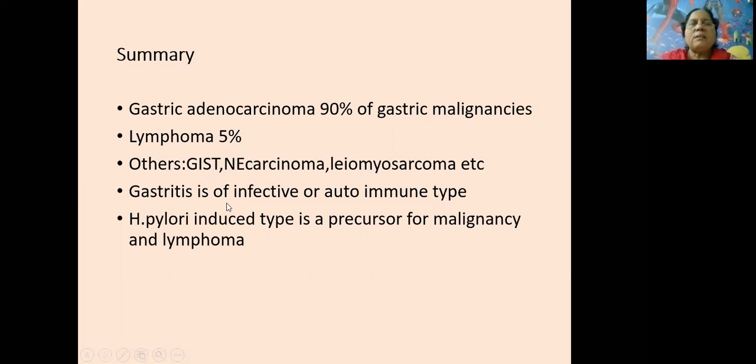Then gastritis is of infective type, where H. pylori is the organism, or autoimmune type. H. pylori induced type is a precursor for malignancy and lymphoma. And atrophic gastritis is the important one, leading to peptic ulcer disease, MALToma, and of course gastric adenocarcinoma.